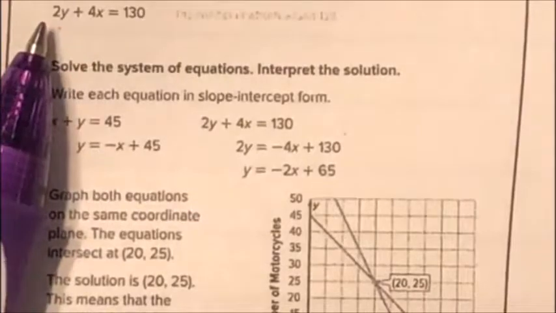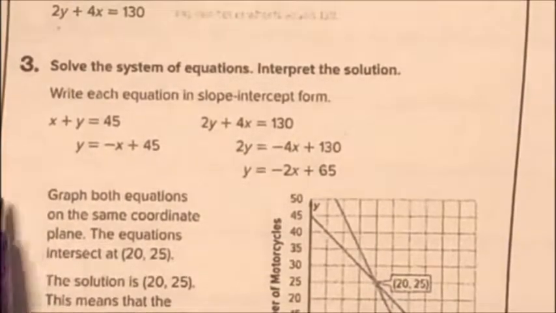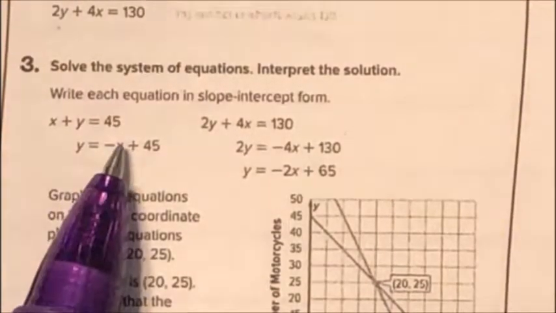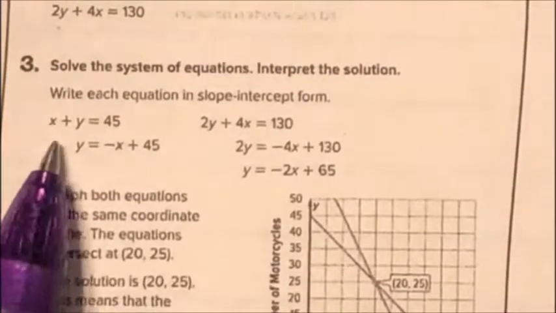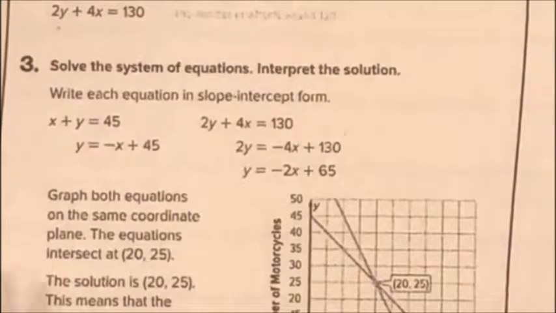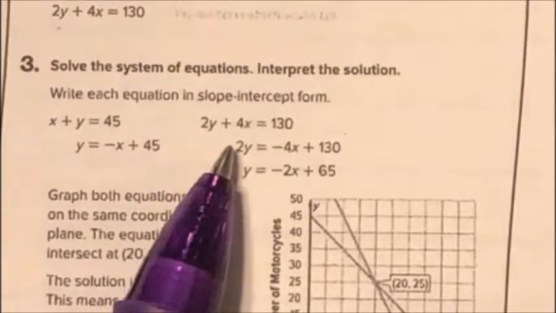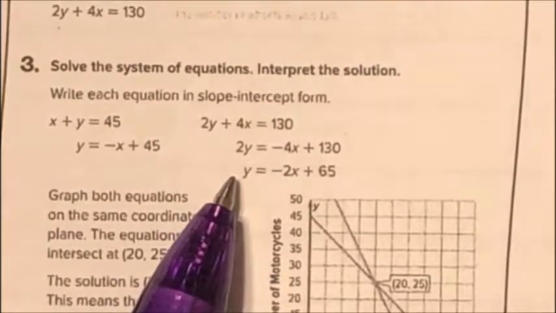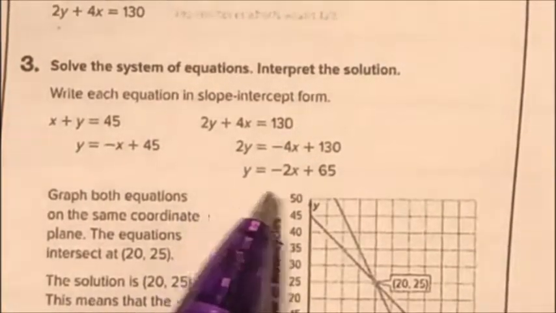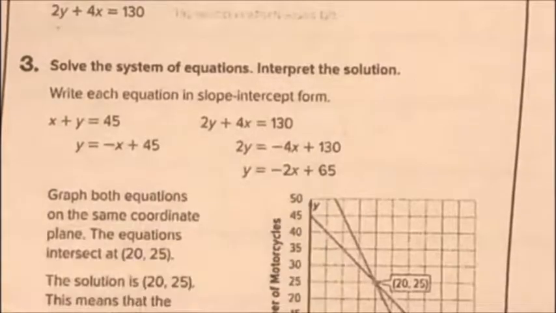Those are the equations we came up with in example number 2. I'm going to change x plus y equals 45 to y equals negative x plus 45. All I did was subtract x from both sides. For 2y plus 4x equals 130, I subtracted 4x, and then I divided everything by 2. So I got y equals negative 2x plus 65.